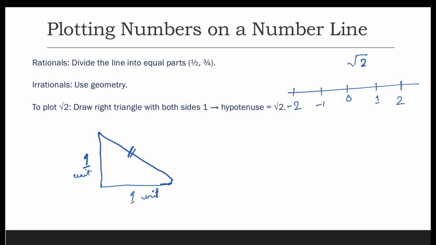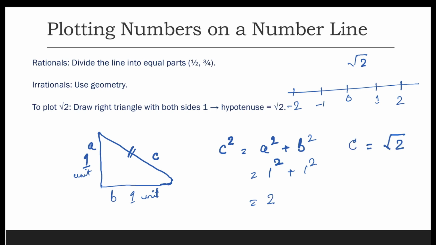We know A, B, C. So C square equals A square plus B square, right? So 1 square plus 1 square is 2. So C would be equal to square root of 2. So this hypotenuse would be square root of 2.